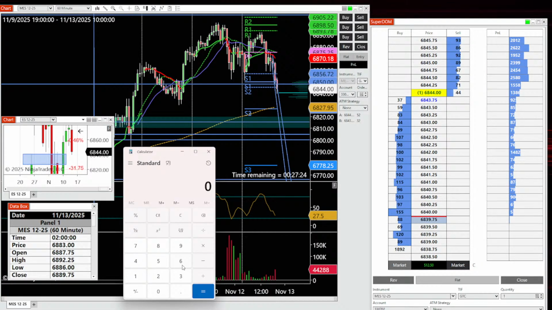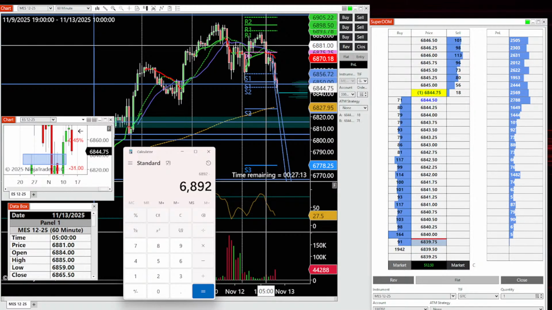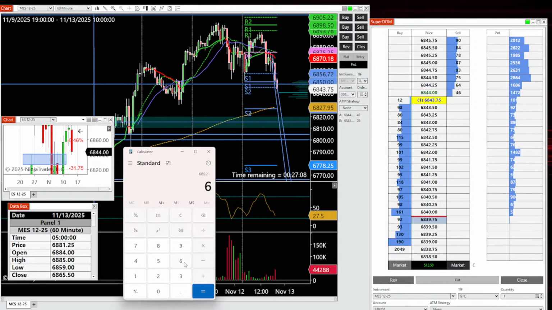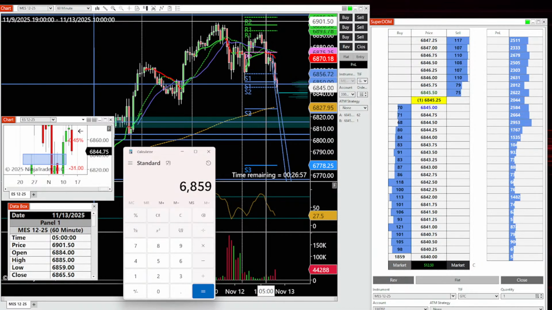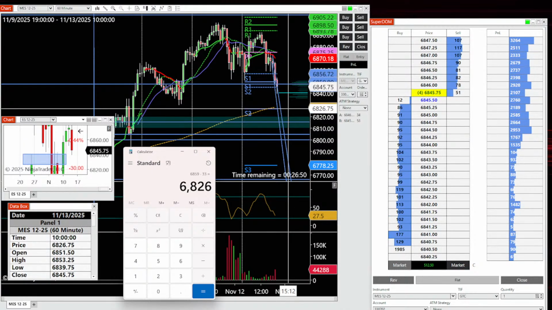Just round off 92. 68.92 minus, we're going to use this low here of 59. 68.92 minus 68.59 equals 33. So we take the bottom, 68.59, minus 33 equals 68.26, around this area, the S2.